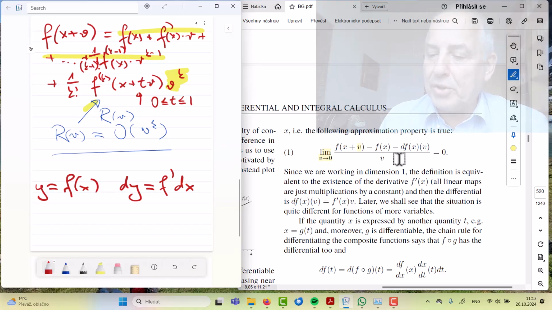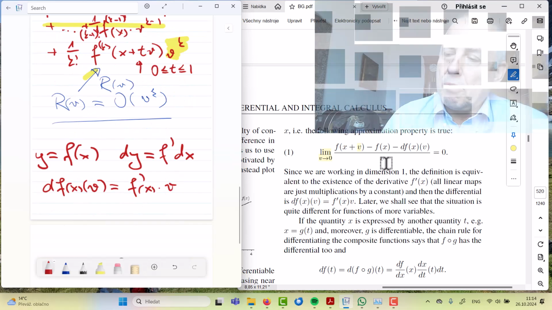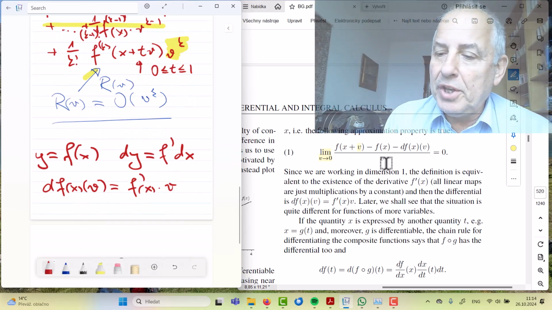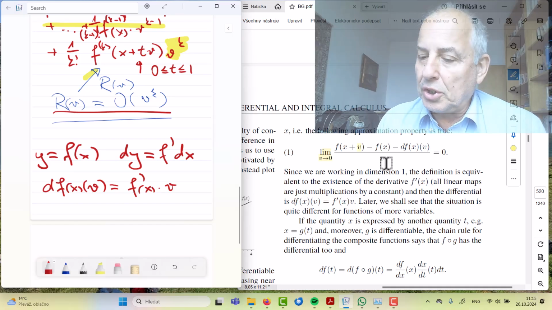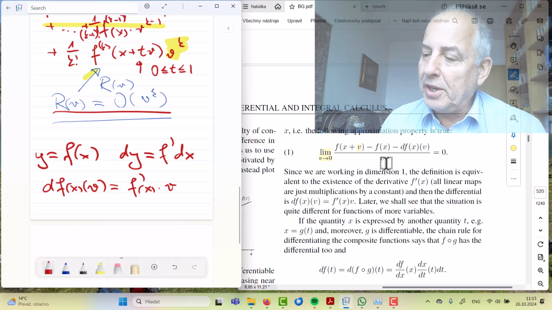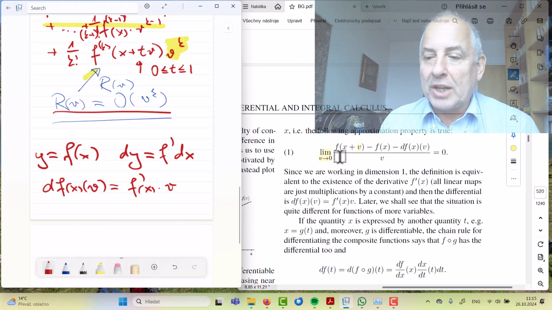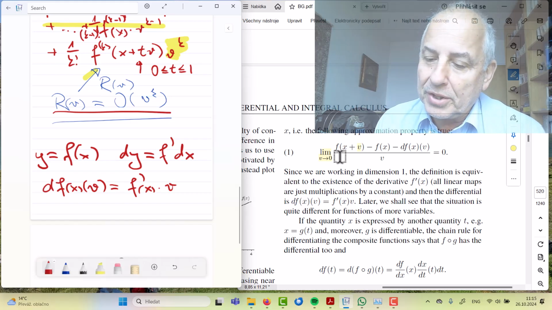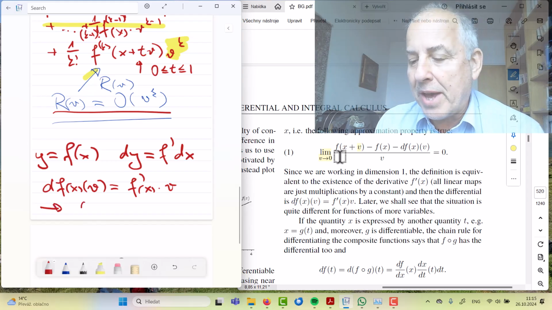If I rewrite this as df at x applied to v equals f prime of x times v, then just what we had above says exactly that the differential of f approximates the function in the asymptotic way, giving the asymptotic estimate of order O of h.